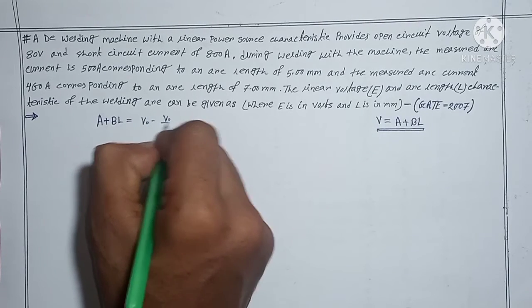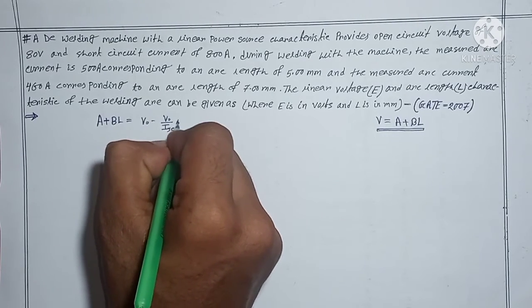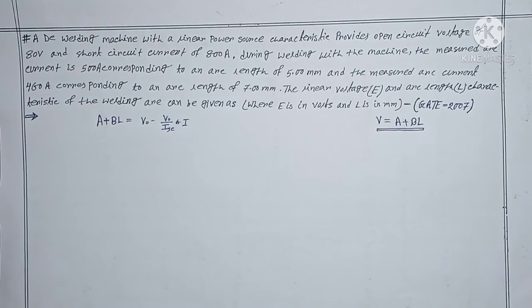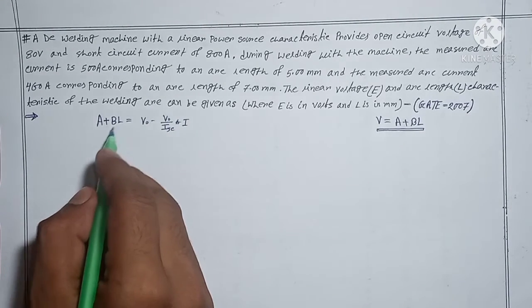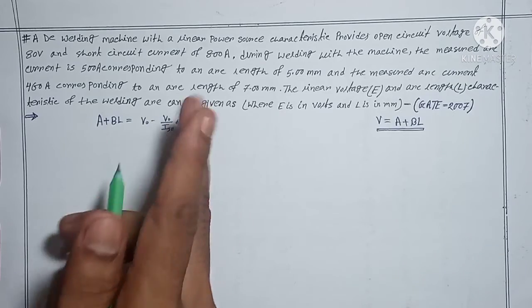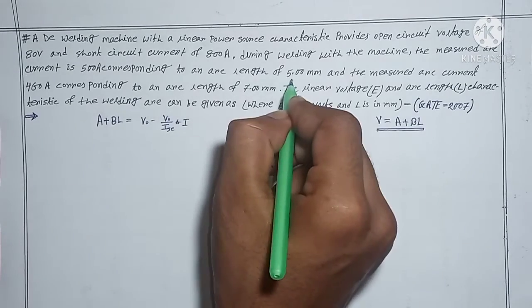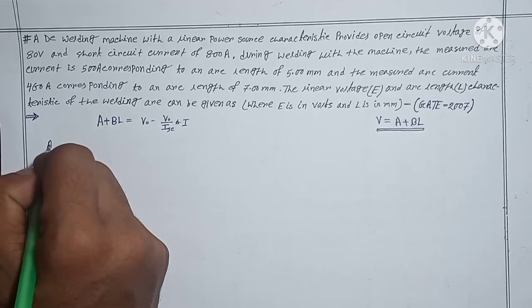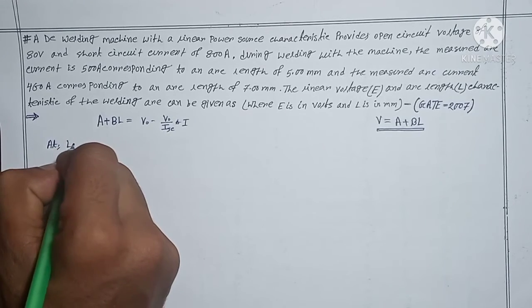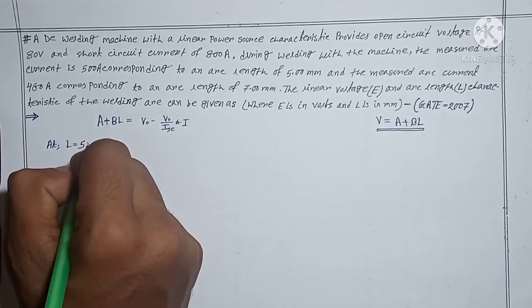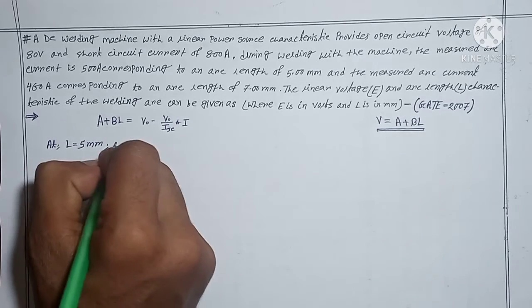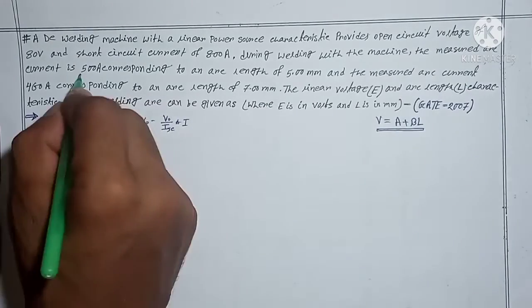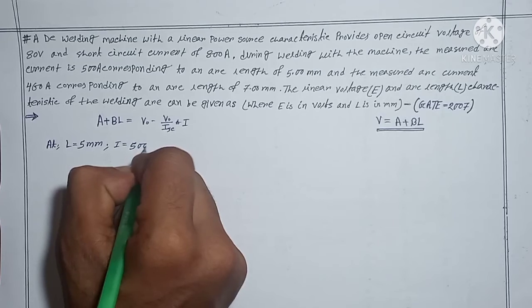Okay, so this is your first thing. Clear? Now corresponding to the arc length you have to find out two equations. First, the arc length is 5 mm, so at L equal to 5 mm the current is clearly said to be 500 ampere.